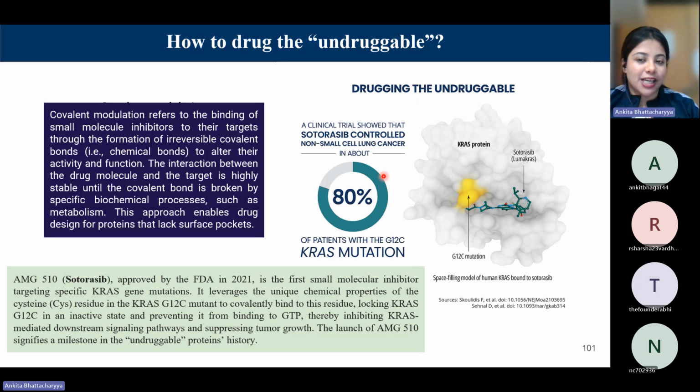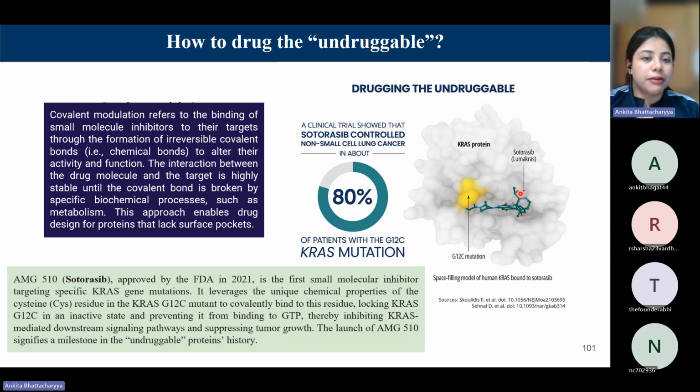Secondly, as promising as it is, the challenge remains that the KRAS protein, if you look at it overall, this is just a space filling representation, a model of how the protein structure actually looks. From the perspective of a structural biologist, this structure is considered to be almost smooth, and therefore it was considered undruggable.